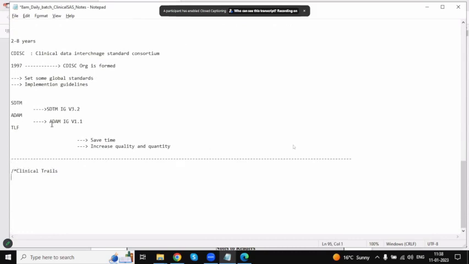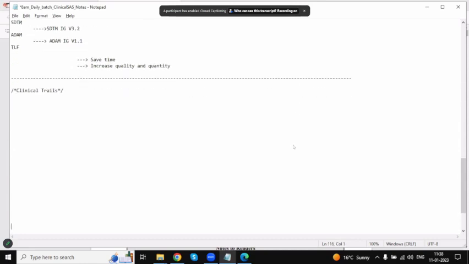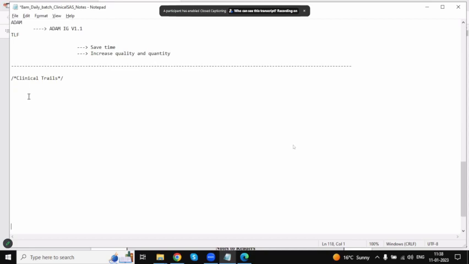Before starting the clinical trials and before reaching the FDA, how many teams in total were involved, and where is our SAS team involved? We'll see that flow completely. And we'll see some terminologies and also some documents.